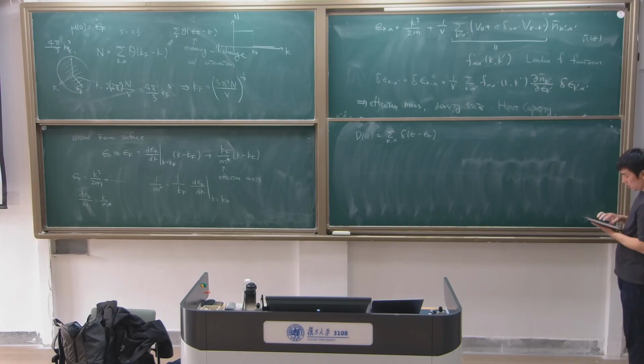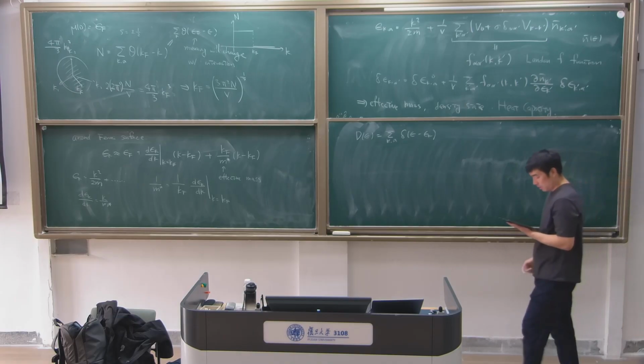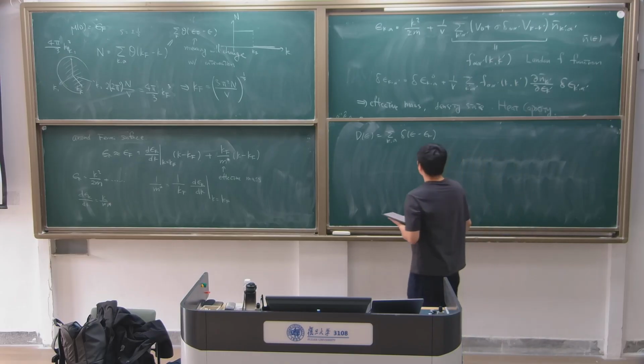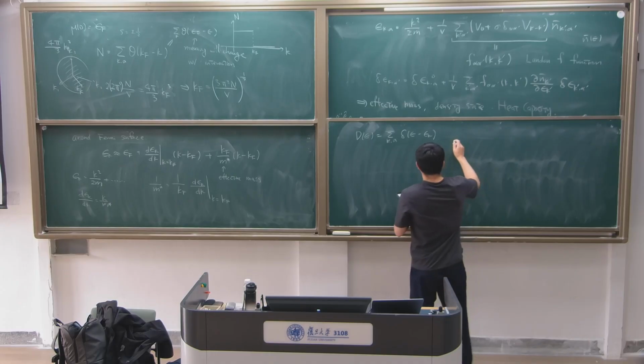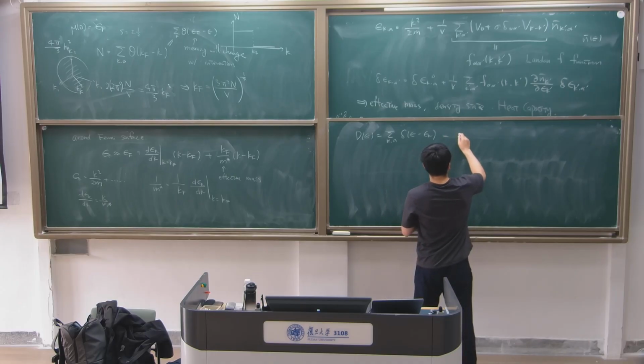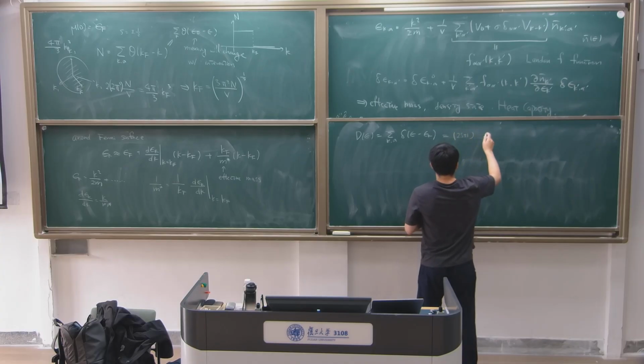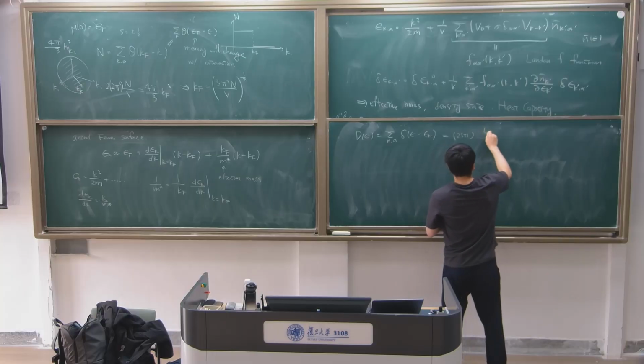If you consider this one, you can just treat this as before. As you recall, this one I just insert. So 2 for spin, now spin is 1/2. But anyway, so L over 2 pi.